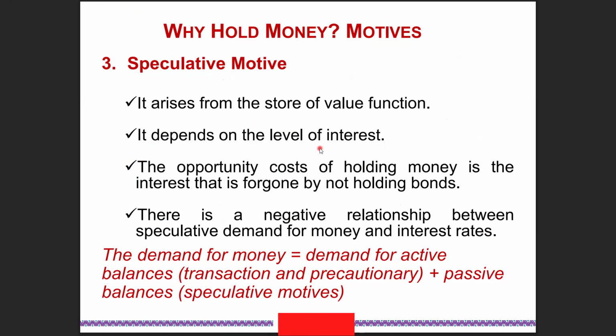If the interest rate is low, the demand for speculative motive will decrease. You wouldn't want to save your money because the interest rate is low. But if the interest rate increases, the demand for speculative motive will also increase, because you'd want to save more money.